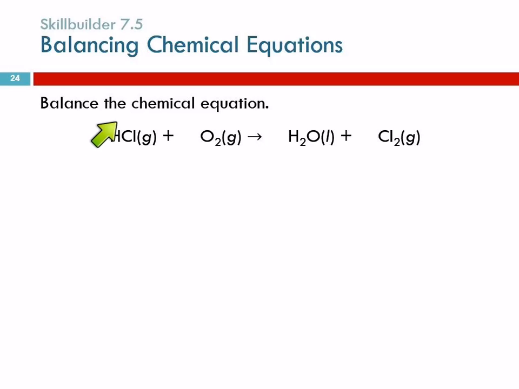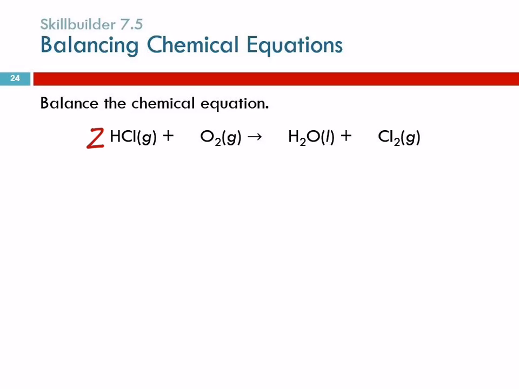So let's start with hydrogen since he's first. How many hydrogens in HCl? 1. And how many hydrogens in H2O? 2. How do I fix that? I'll make there be 2 of these guys. Now I have 2 hydrogens on the left, 2 hydrogens on the right.